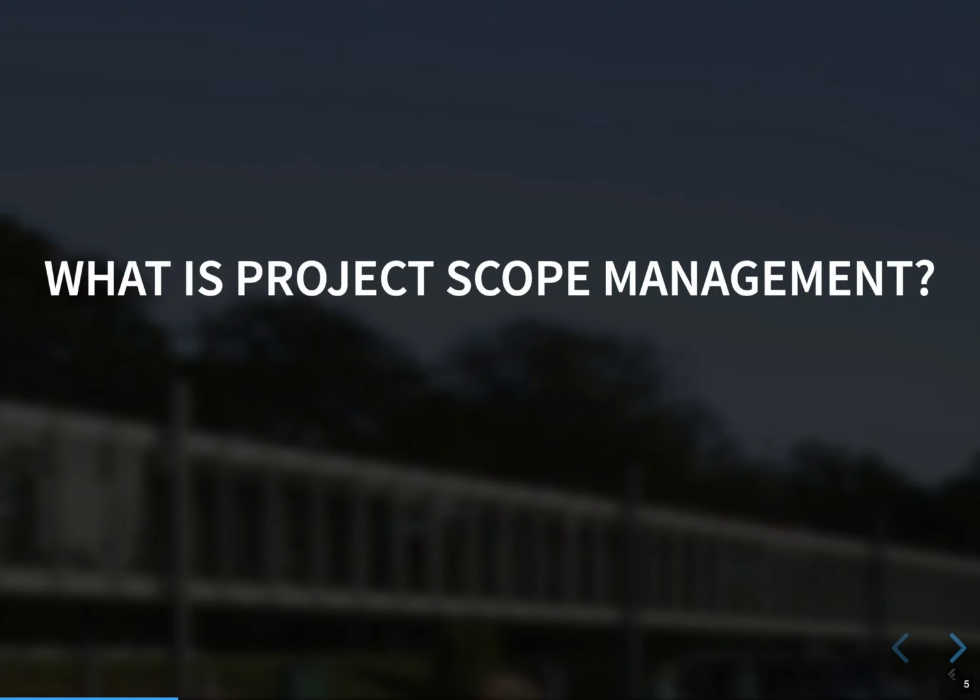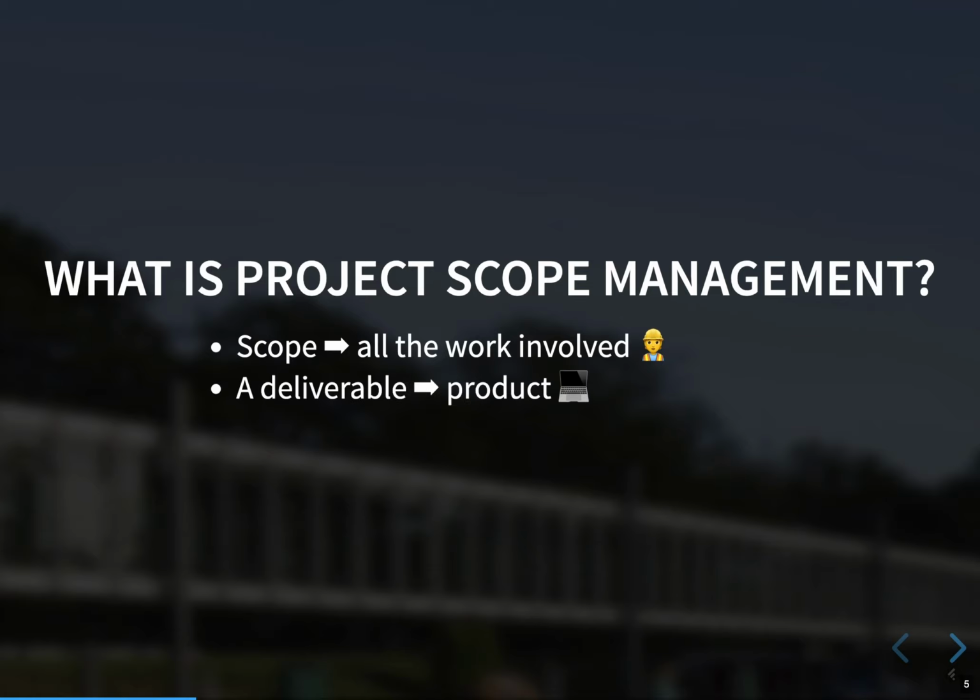What is scope management? Scope refers to all the work involved in creating the products of the project and the processes used to create them. By doing all the work, something comes out, which is the deliverable. This is a product or a service, produced as part of the project.